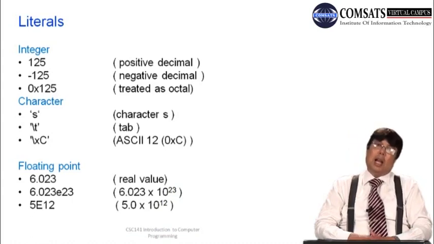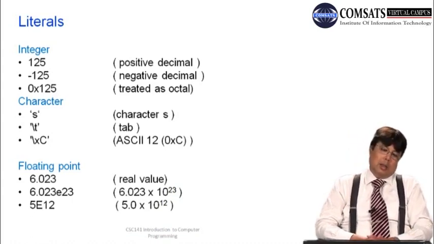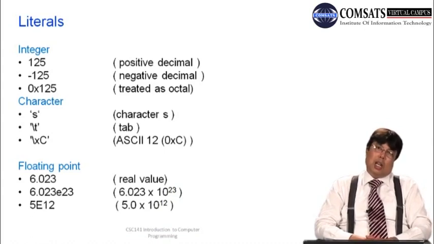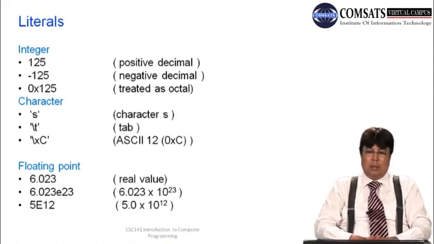Similarly, you can define any hexadecimal character by \xC. C is a hexadecimal character. A is 10, B is 11, C is 12, D is 13, E is 14, F is 15. So this C means 12.